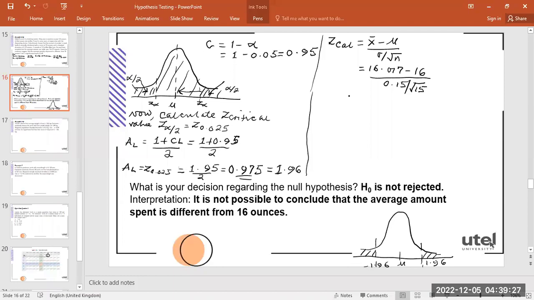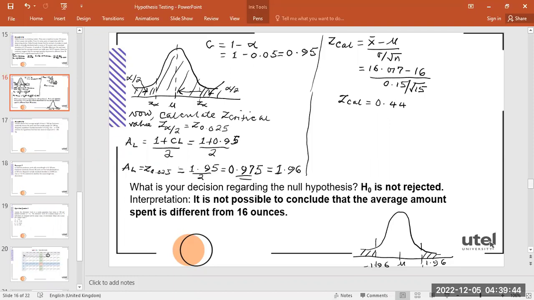And if you do the math neatly, you should find that Z calculated is equal to 0.44.